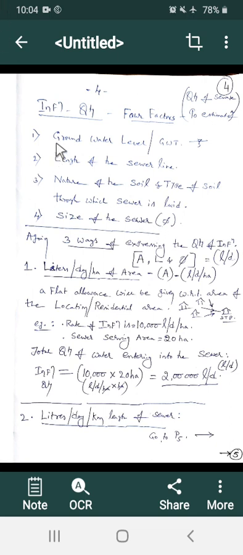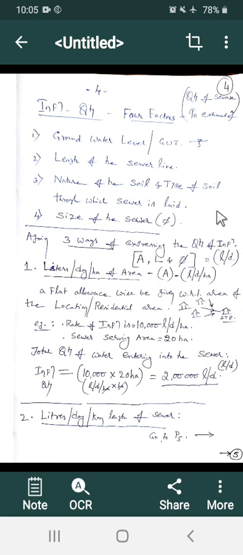Number one is groundwater level. This is called groundwater table. Second one is length of the sewer line. Third one is nature of soil and the type of soil through which sewers are laid. Fourth one is size of the sewer. These are the important factors to be considered in the design of sewers.